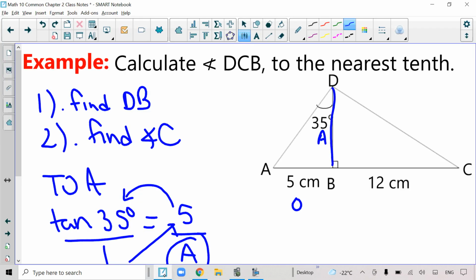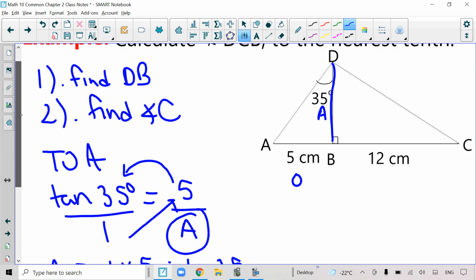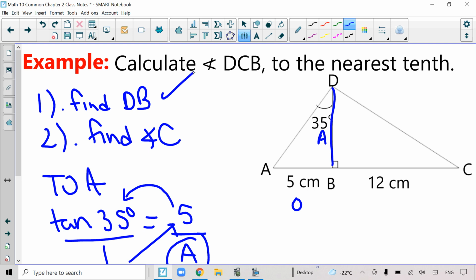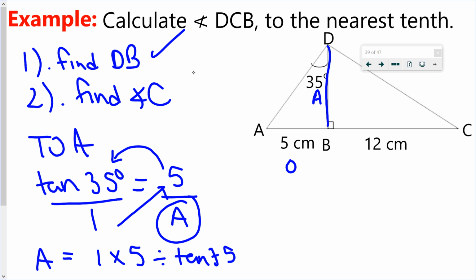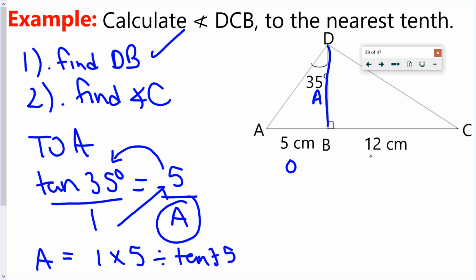I know that A is approximately 7.1, but we're not rounding until the last step. So I've done my first step. I found DB. Now we're going to find angle C. For angle C, I'm going to go into my other triangle. To find this angle C here, I now have a side and another side.